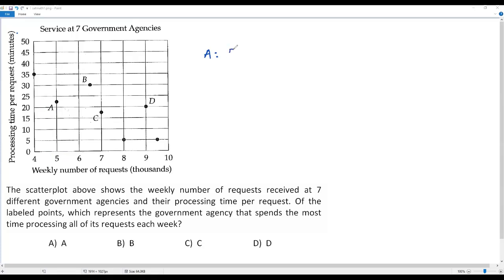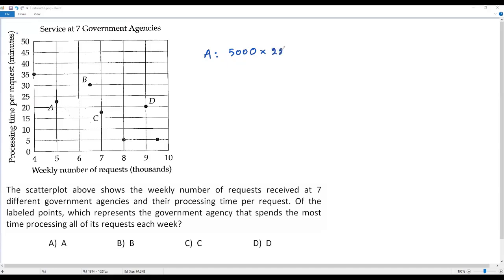Let me write that down. Now it has to be multiplied by the processing time per request. For that, we have to consider the number on the vertical axis corresponding to this point A. So here we have the exact middle point between 20 and 25, that is 22.5. So the processing time per request for government agency A is 22.5 minutes.